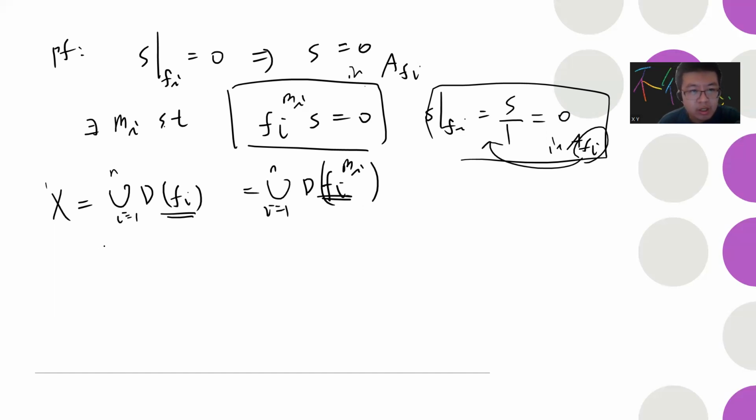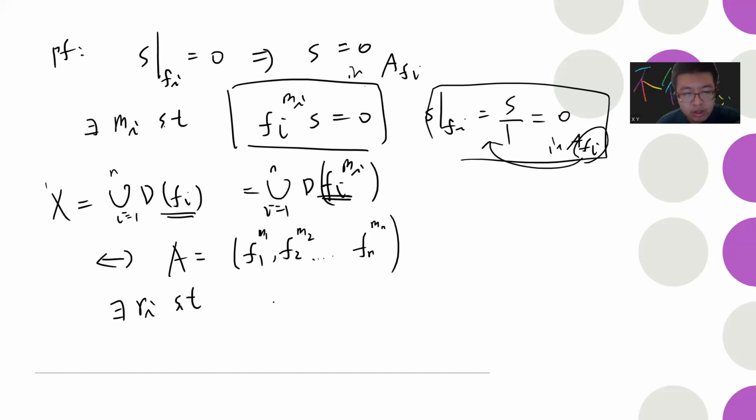So this means that Spec A, the whole space, is generated by the ideal generated by f_1^{m_1}, f_2^{m_2}, up to f_n^{m_n}.